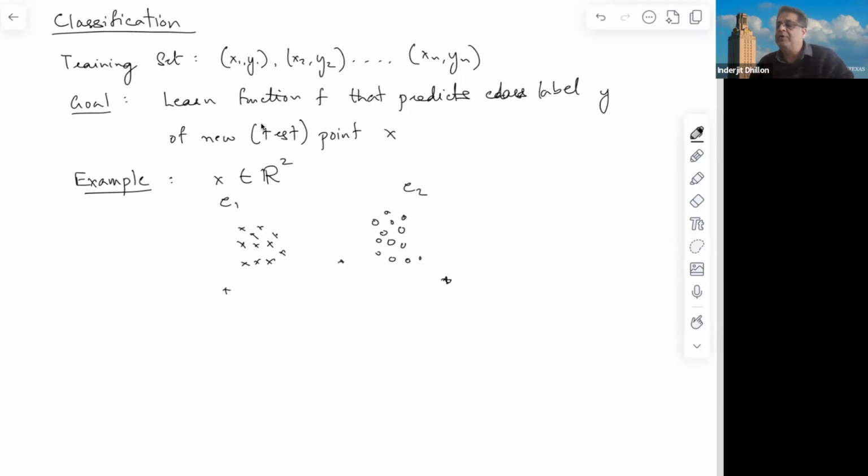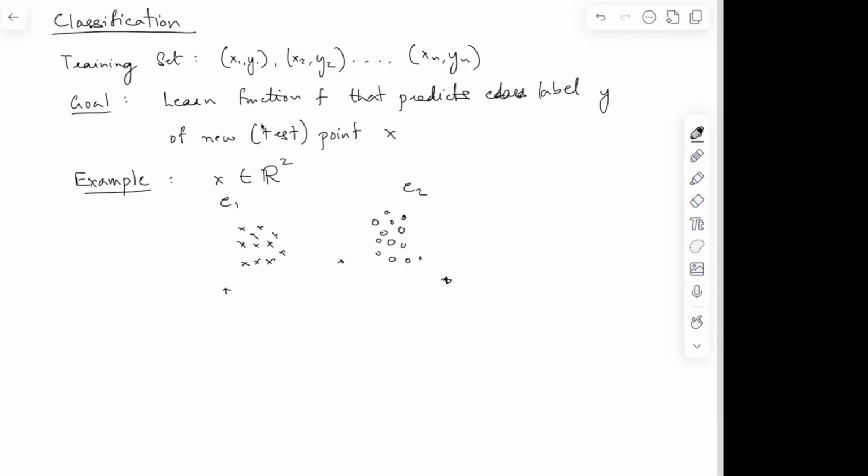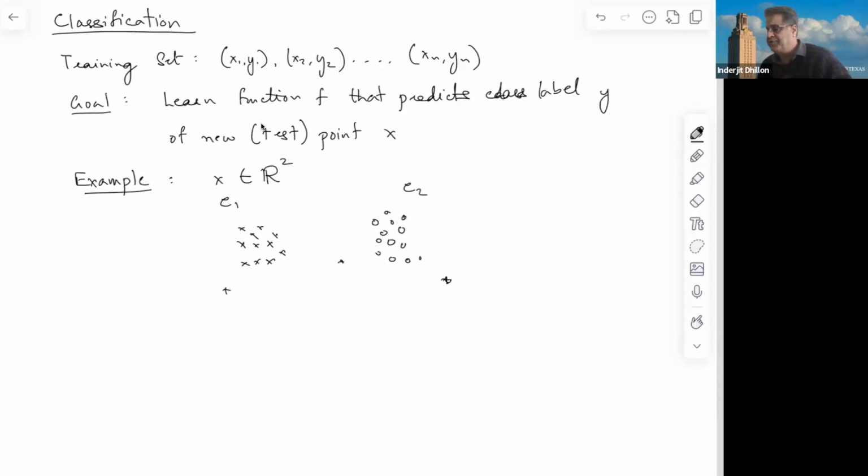So what would be a good decision rule so that you decide whether a new point x, which is given by two coordinates, belongs to one class versus the other? Maybe the k nearest neighbors. K nearest neighbors, that's possible, yes. But I've given you kind of this visual, right?